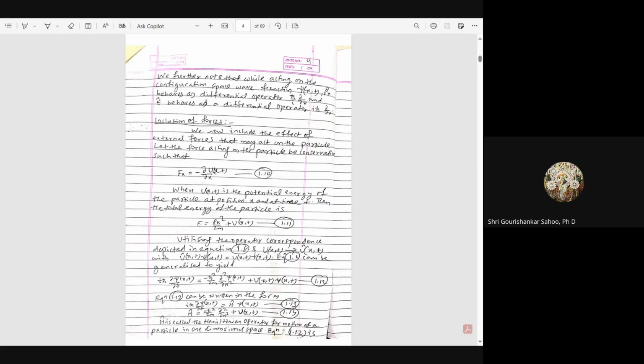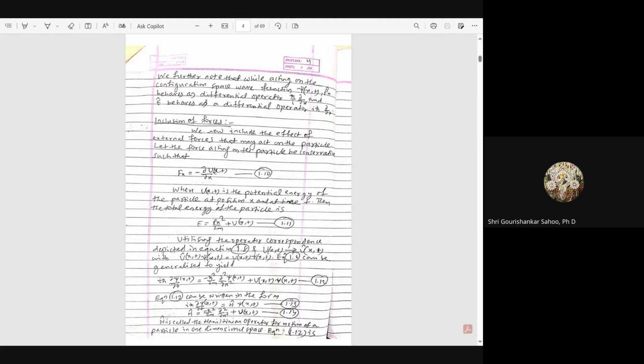Then the total energy of the particle can be written as E is equal to px square by twice m plus u. So similarly, your Schrodinger equation will be modified as i h cross del psi by del t is equal to minus h cross square by twice m del square psi by del x square plus u multiplied by psi.